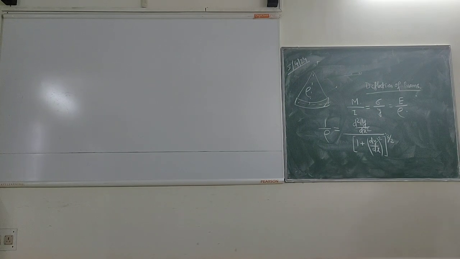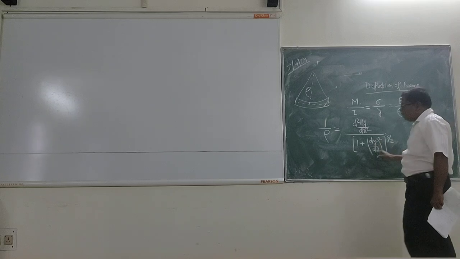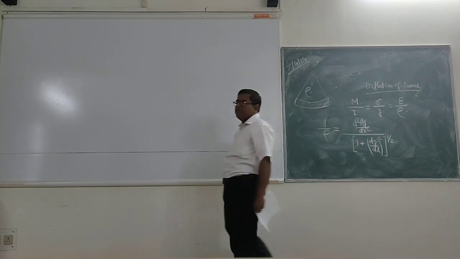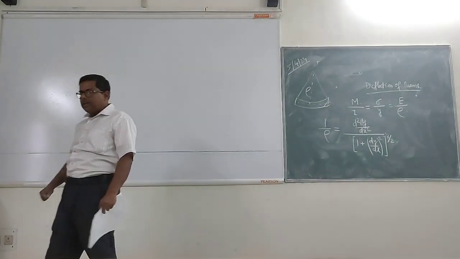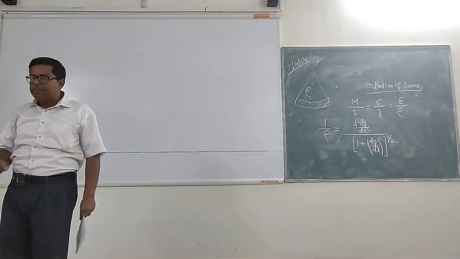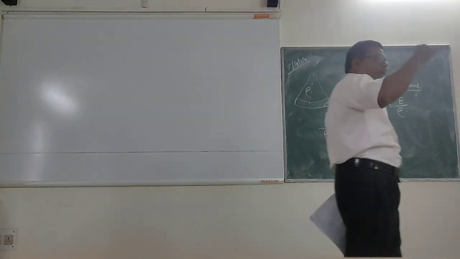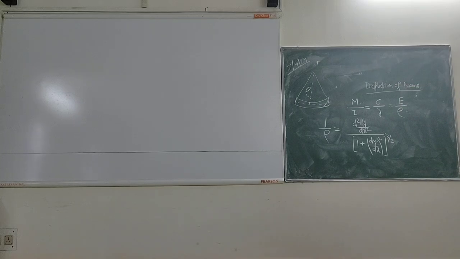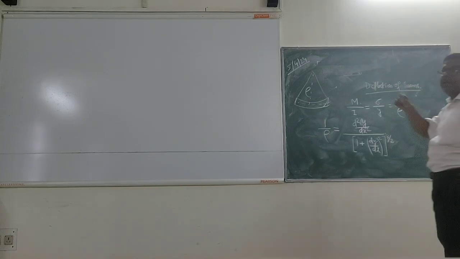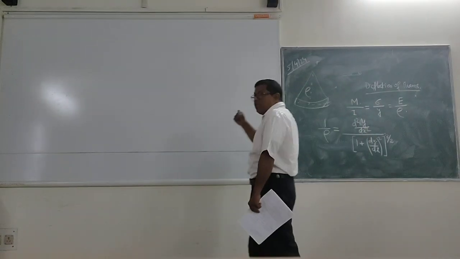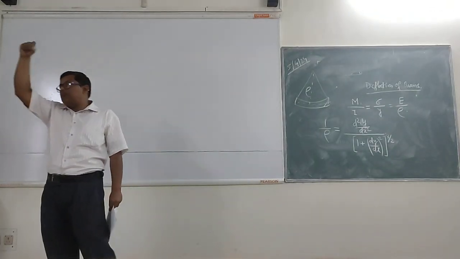Now you see, we have seen that the dy dx term is very, very small. So if dy dx is very small, what will happen to dy dx whole square? It will be much smaller than dy dx, right? And then there is the power 3 by 2.